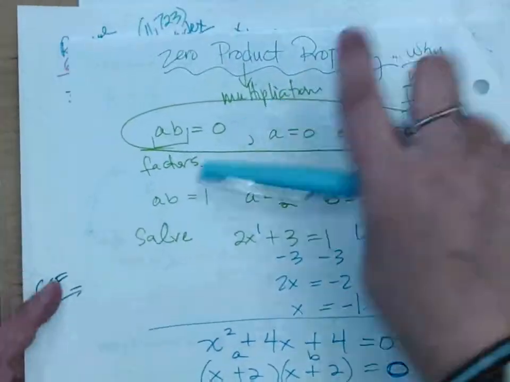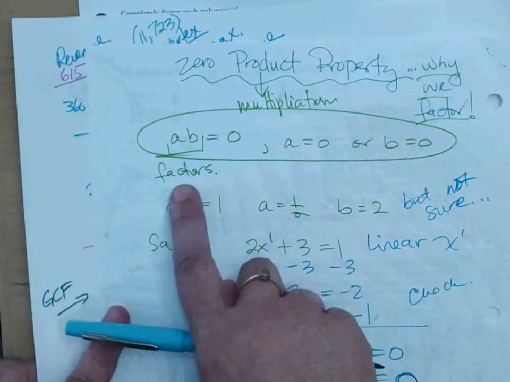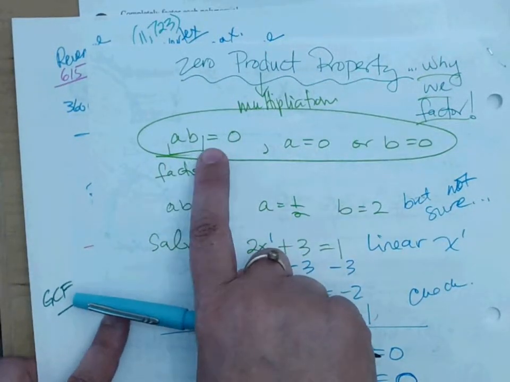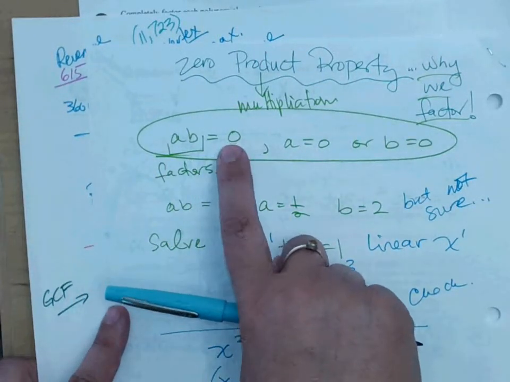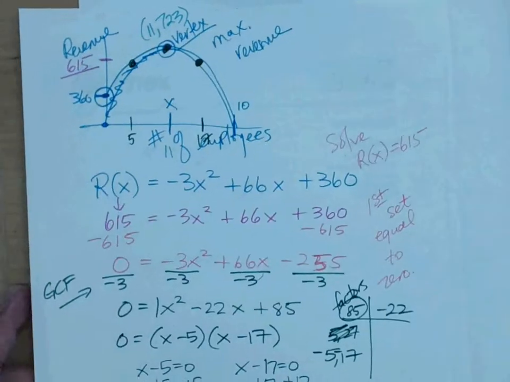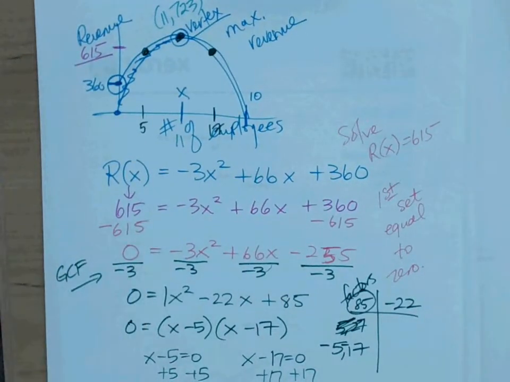So what I started by saying was the zero product property. The only way that this works is if we set it equal to 0, because if I said two numbers that multiply together to give you 615, do you know definitively what those two numbers are? No. They actually could be an infinite number of numbers.